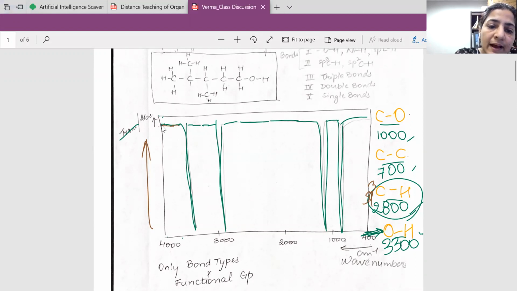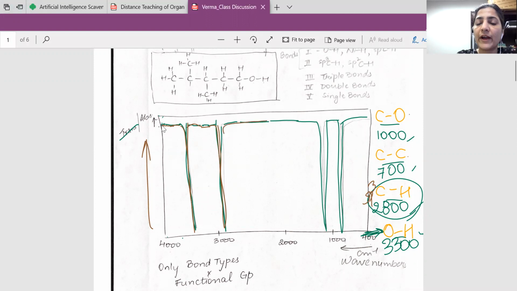We see at 3500, no energy is absorbed, but at 3300, we see a dip or absorbance of energy. Similarly, nothing at 3200, nothing at 3100, nothing at 3000. But at 2800, we again see a dip.